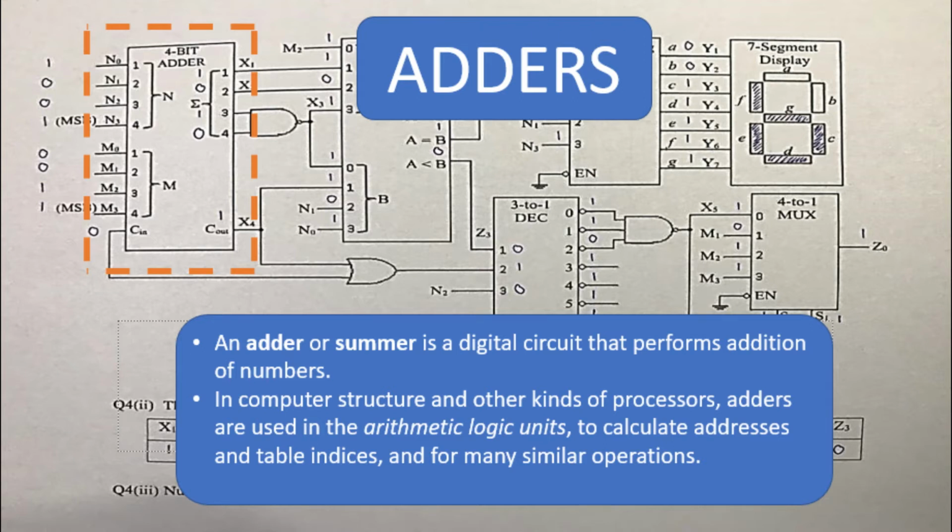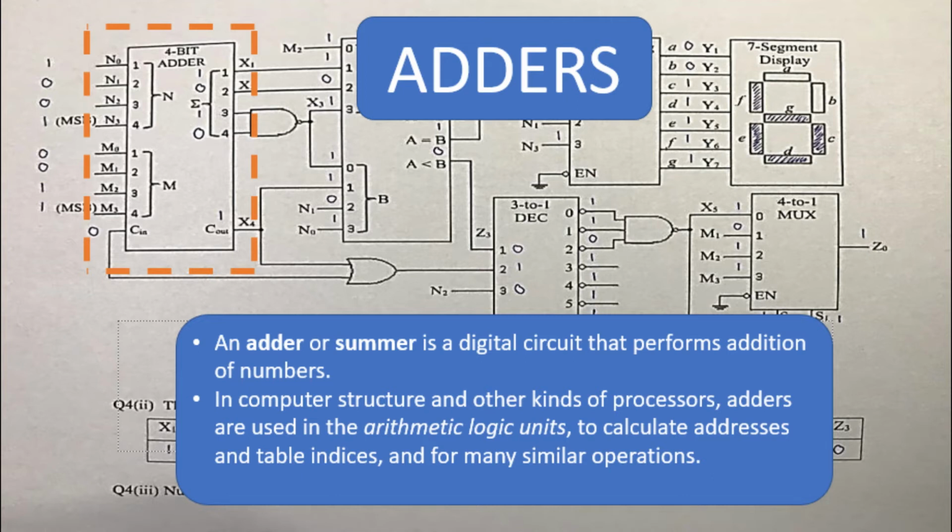Based on the question, we see that the adder is a 4-bit parallel adder. So we have N, M input and C in, and for the output we have the summation and C out. So in total we have 4 outputs and 1 C out.